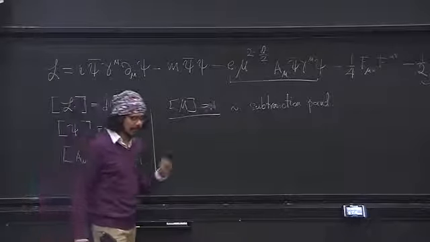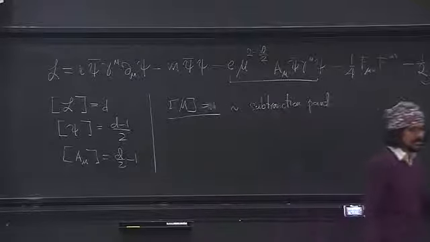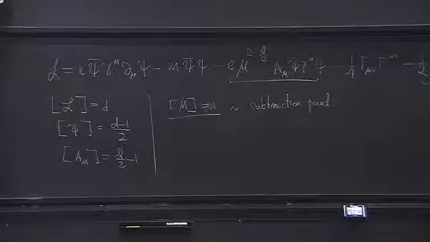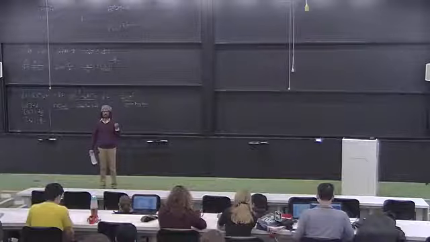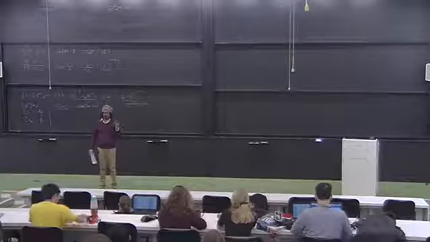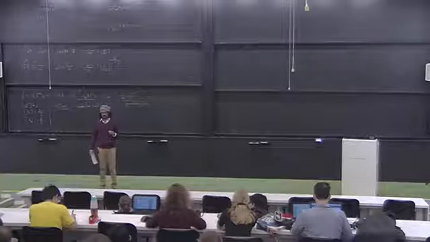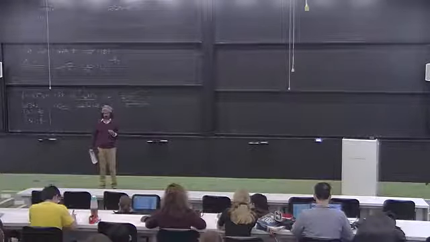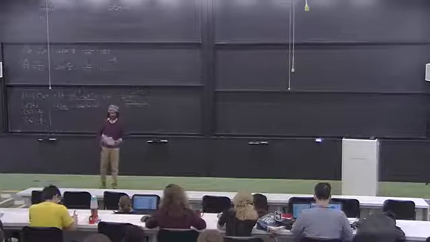And requiring that the physics does not depend on mu, we'll see that it leads to all our physical quantities depending on the energy scale at which we are doing the experiments. So things that we classically thought of as constants, such as mass and electric charge, will now have a dependence on the energy scale.